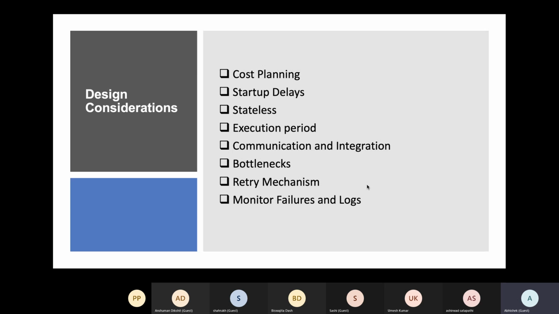So we use AppDynamics, or you can go for Prometheus offerings. There are so many ways of monitoring failures and logs. But again, you should be able to identify why your application has failed, why your function has failed, or why your serverless logic app has failed. All this information you should have handy, and you should be able to debug it. That is why we need to monitor the failures and logs efficiently.